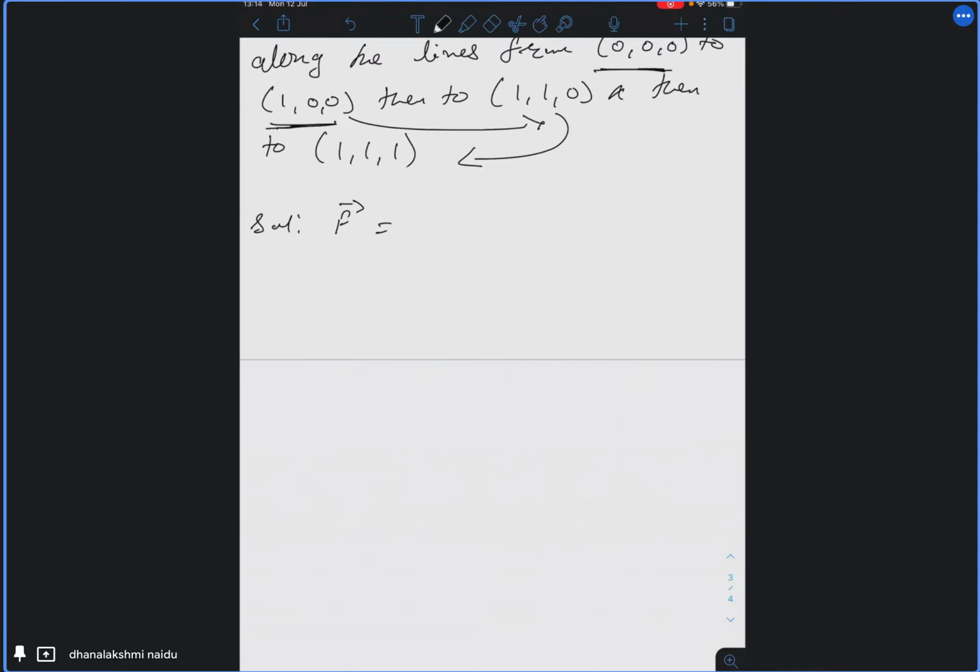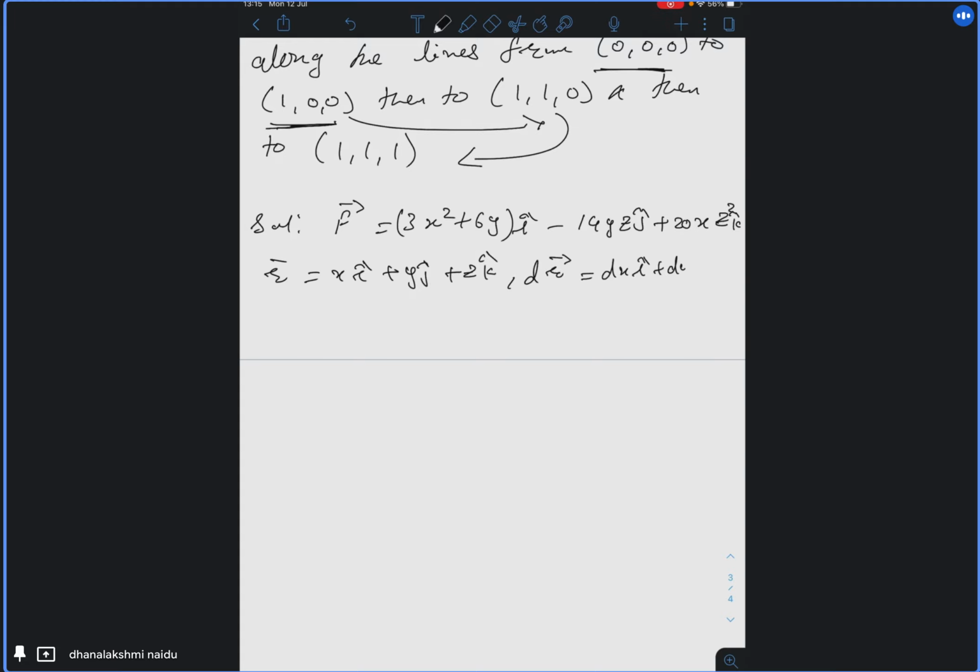Given F bar, which is (3x square plus 6y) i minus 14yz j plus 20x z square k. You know what R bar is, x i plus y j plus z k. These all things you have to write. In the previous question I did not mention it, but for every problem you have to mention. So dr bar will be equal to dx i plus dy j plus dz k.